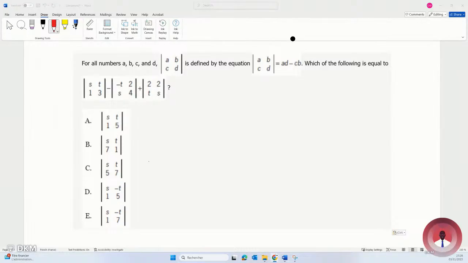So it's basically the product of A and D minus the product of C and E. So all we have to do here is to use that same formula.